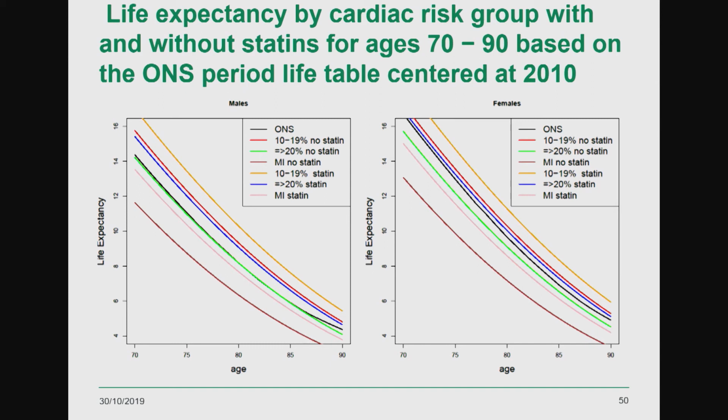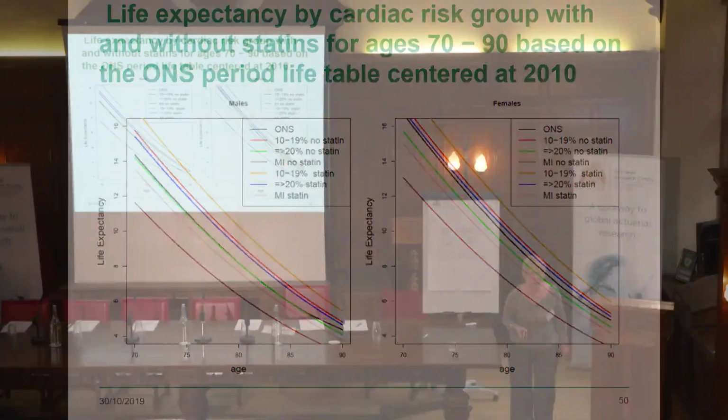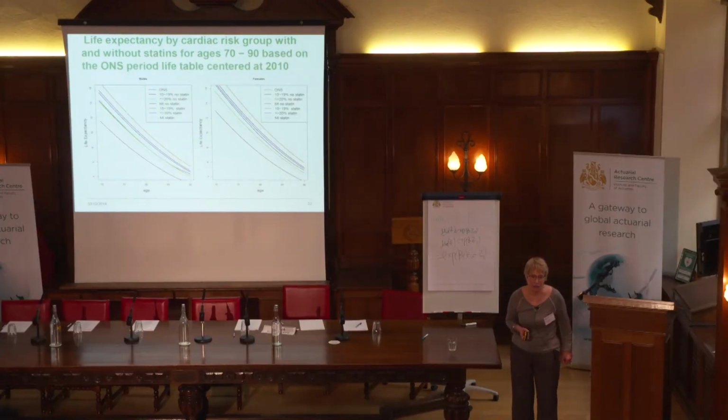And the one up is a pinkish line, and that one is MI and on statin. So you can see quite a bit of difference between those 2 lines, which is due to statins for MI survivors. MI is myocardial infarction. Sorry about this. I am so used to using this instead of heart attack.